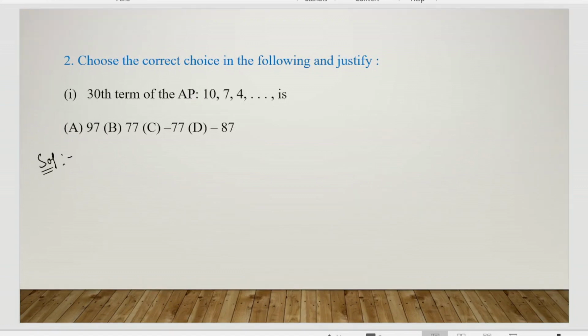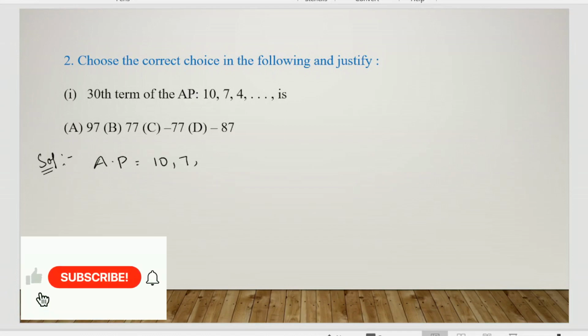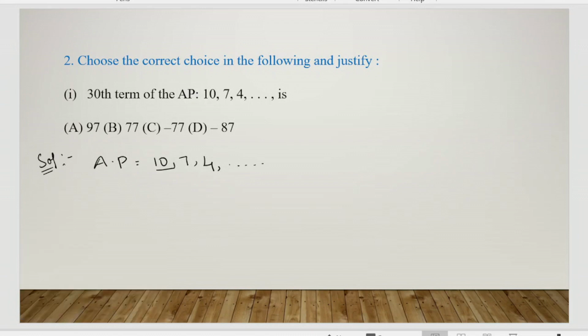This is the AP which is given, that is 10, 7, 4 and so on. From the given AP, this is the first term, so A is equal to 10 here. How do we get the common difference? We subtract the first term from the second term, which is A2 minus A1.